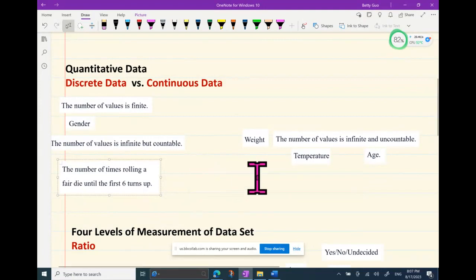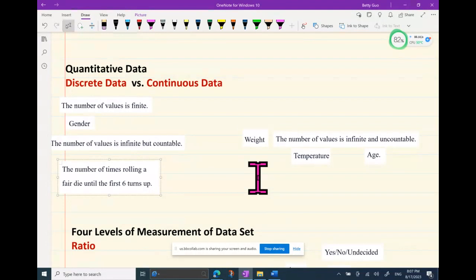We roll the die, and we count the number of times you have to roll the die before you see the first number 6. If you get lucky, you get a 6 right away the first time, so you only need to count 1 time.